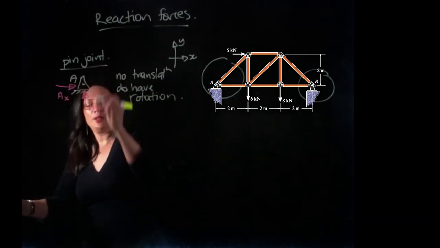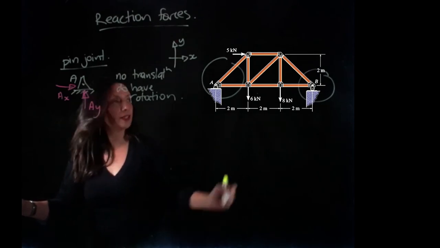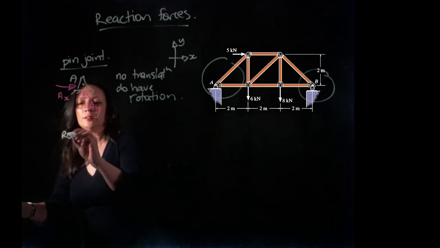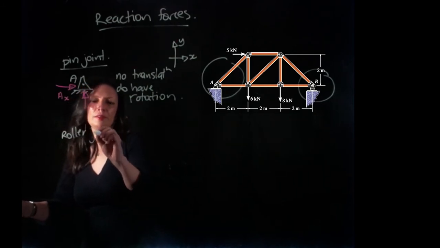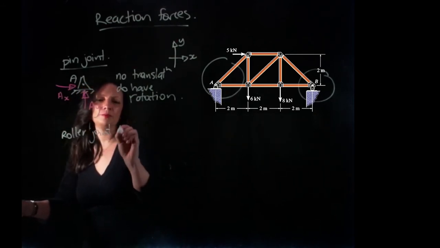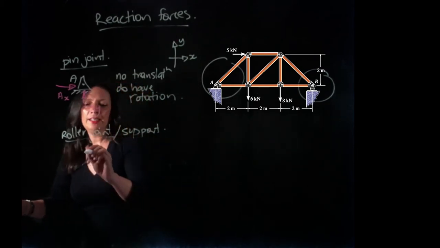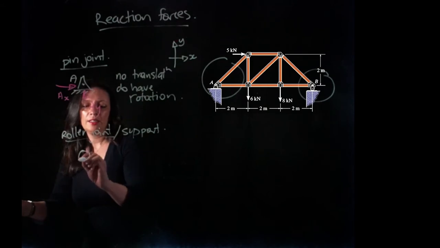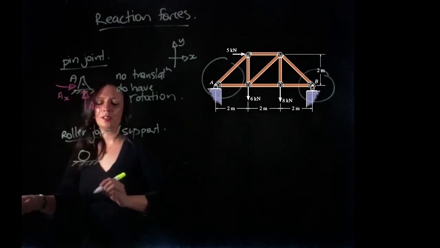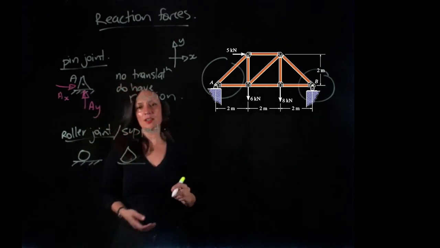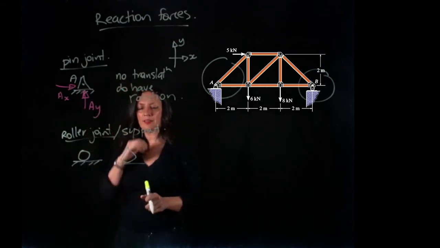The next type of joint that we are looking at over here at B is a roller joint, or roller support. And here it looks like a roller, and sometimes it looks like a rocker. So what do we have in these types of joints?